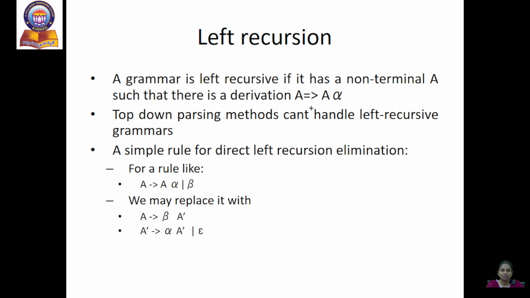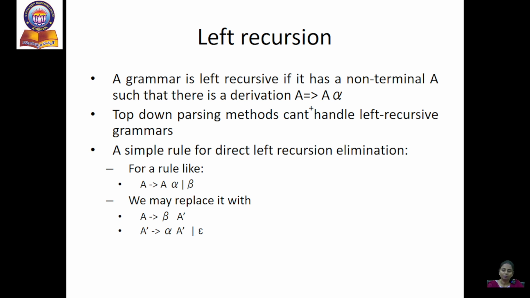Top-down processing methods cannot handle left recursive grammar. So before applying any top-down approach to find out whether a given string is accepted or not, first we have to remove the left recursion from the given grammar. Then the grammar is ready for any type of top-down method.